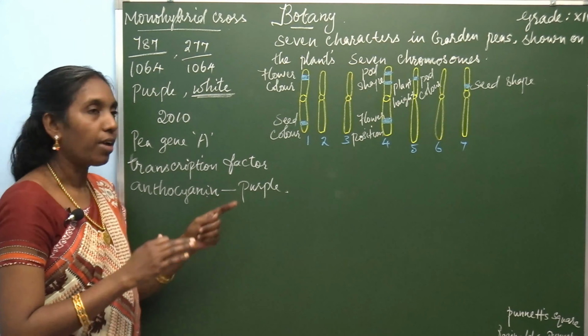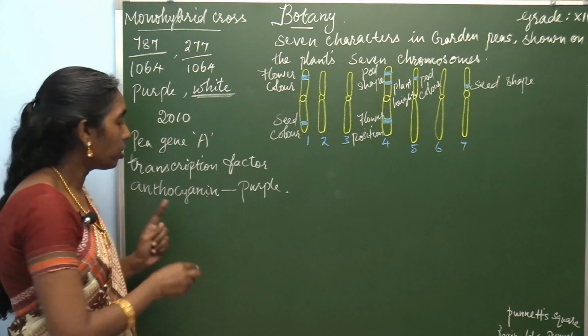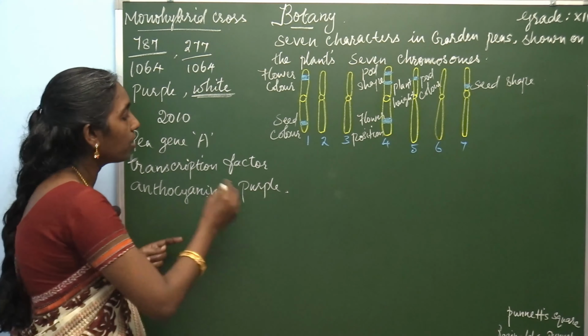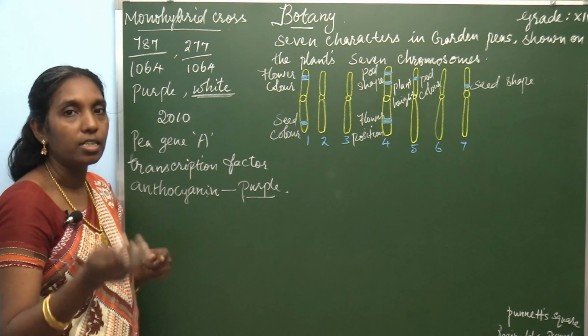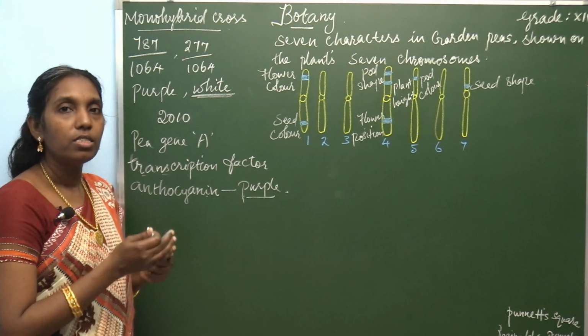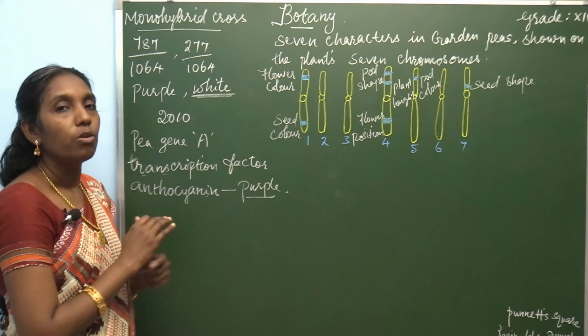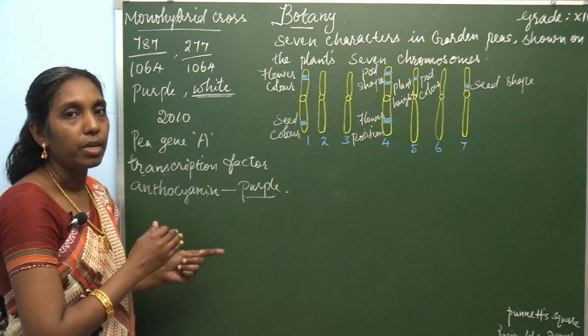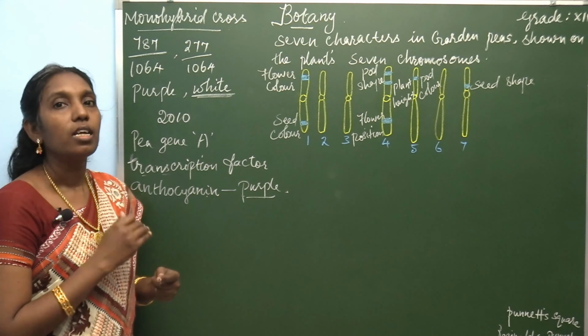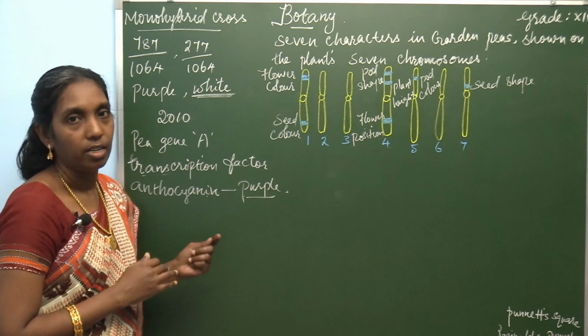The transcription factor will be inactive, so there is no production of anthocyanin pigment. If anthocyanin pigment is produced, the flower color is purple. When the transcription factor is inactive, it does not produce anthocyanin, so it becomes white color. So the mystery of this white color can be solved now.